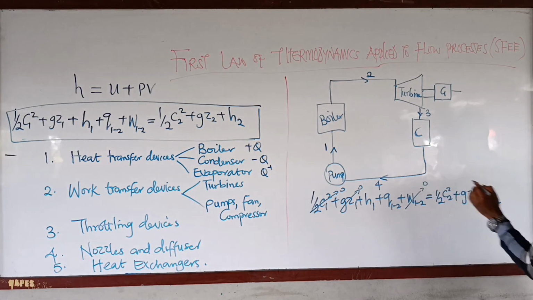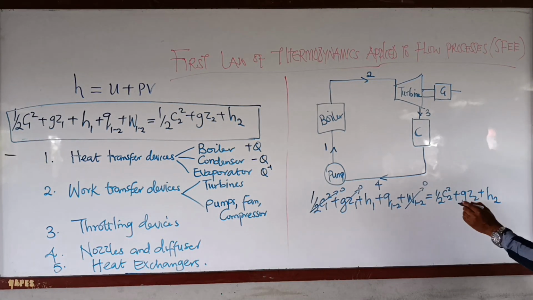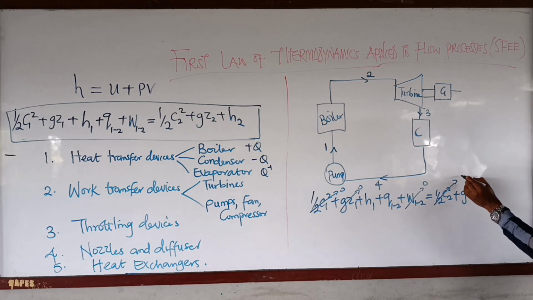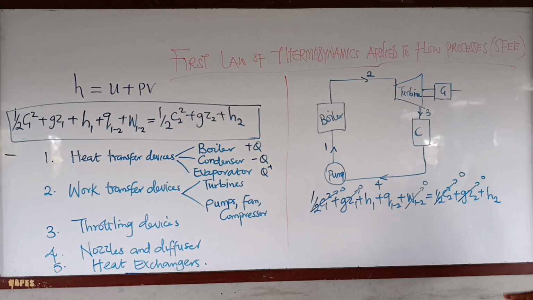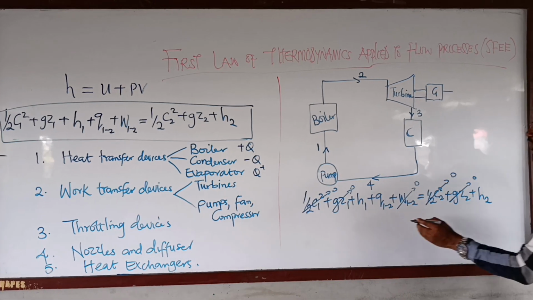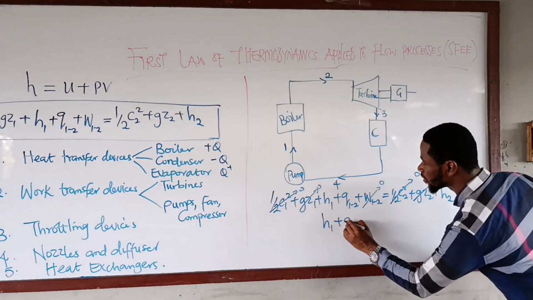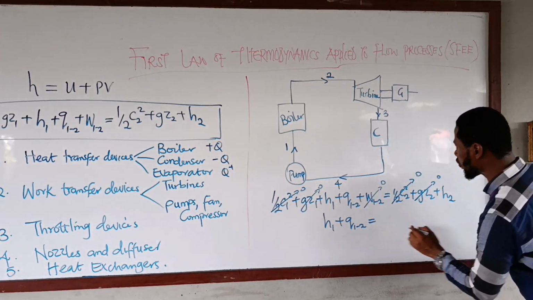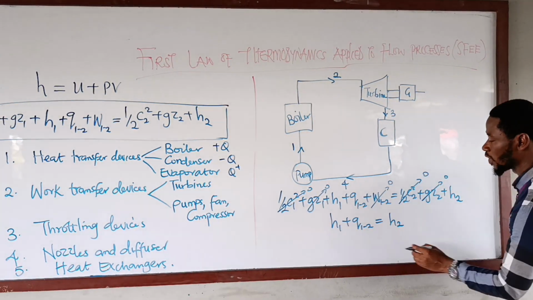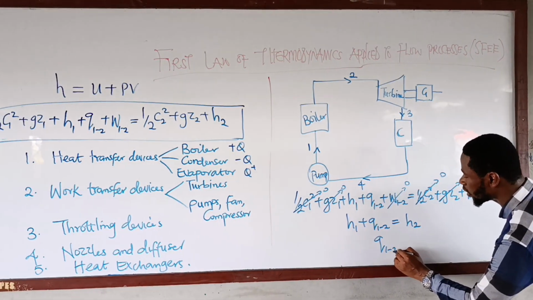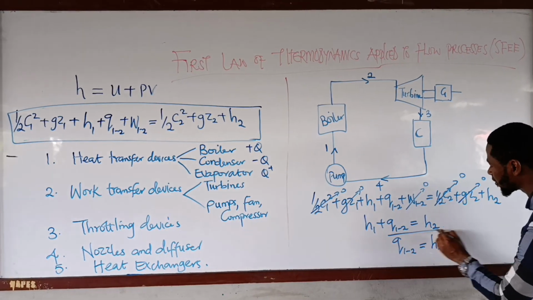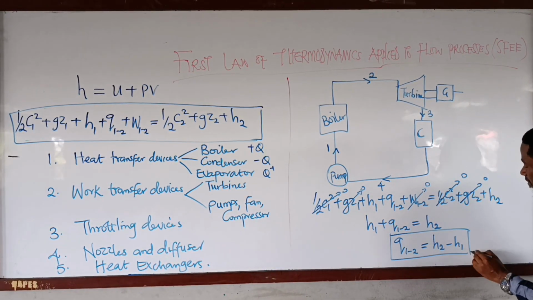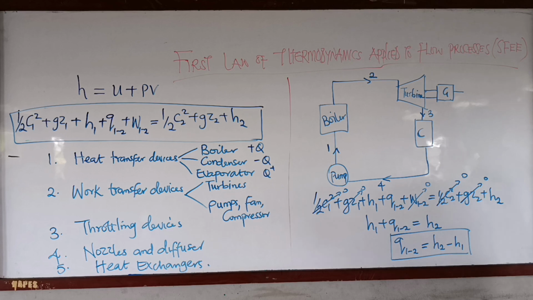There are no work interactions, it becomes 0. At state 2 too, they become 0. What are we left with in the equation? We are left with H1 plus Q1 to 2 equals H2. Therefore, Q1 to 2 equals H2 minus H1.